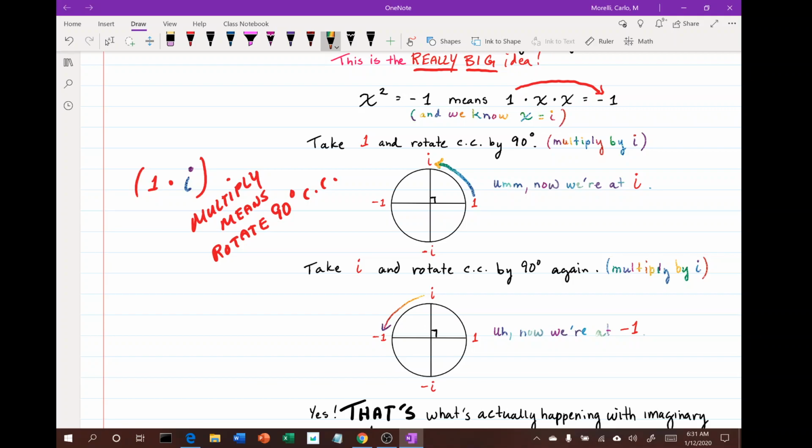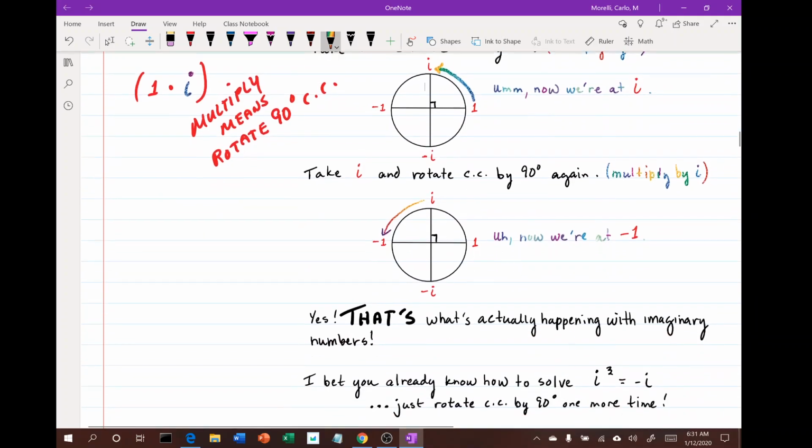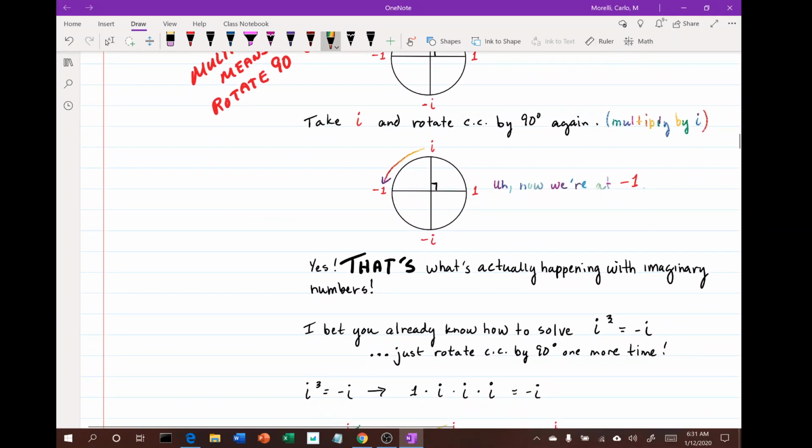Now, let's move down here. Take the i, because now you're at i, and rotate counterclockwise by 90 degrees again. That is, multiply by i. So here we're starting at i now. We're going to -i. So now we're at -1.